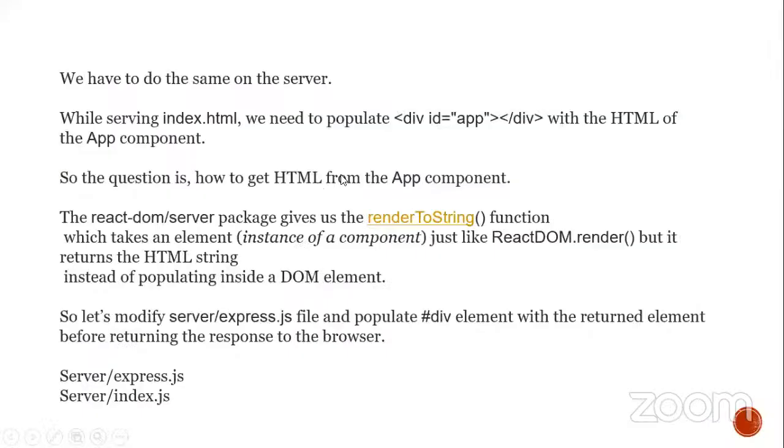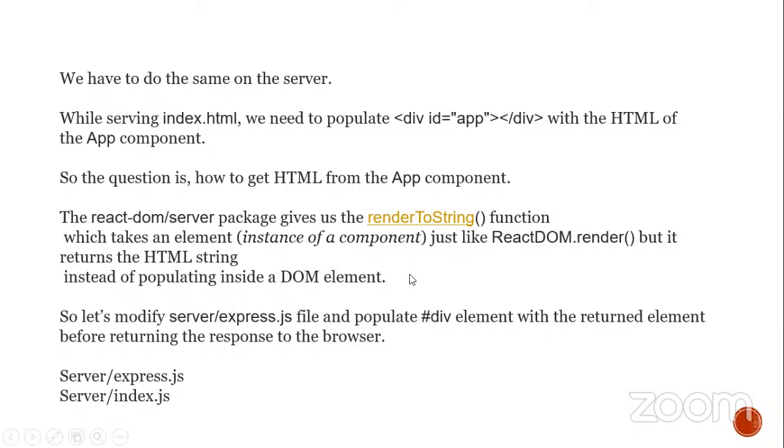You have the renderToString function, which takes an element instance of the component, and just like ReactDOM.render, this will also work. But this is from ReactDOMServer, and it will return only an HTML string.